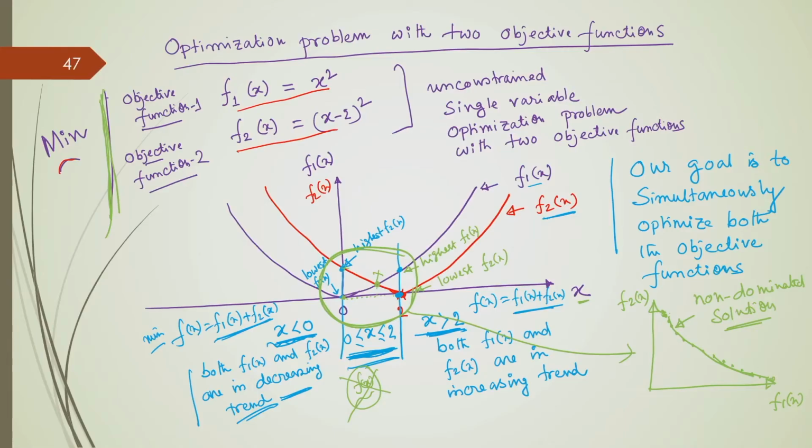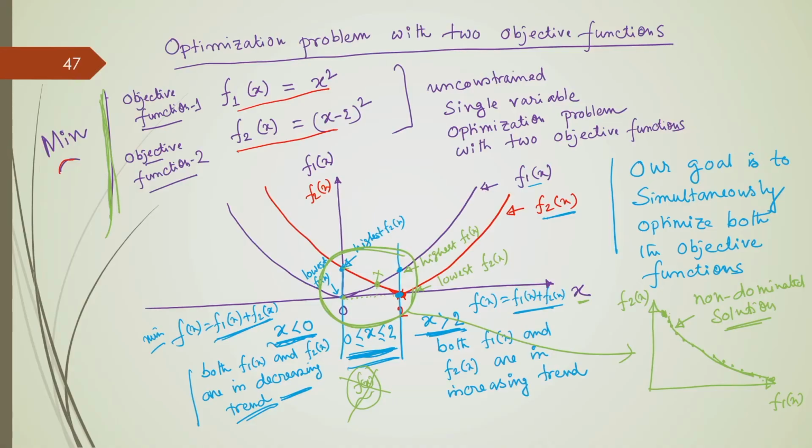Similarly, these two corner solutions will give you the two solutions where you get one objective function's best value and the other objective function's worst value. Okay.